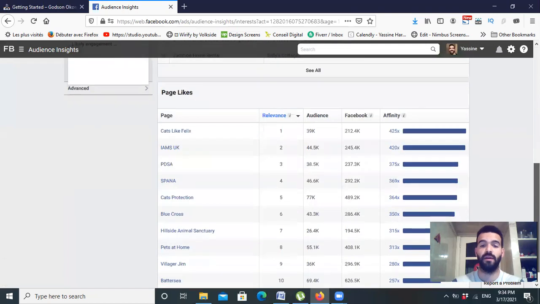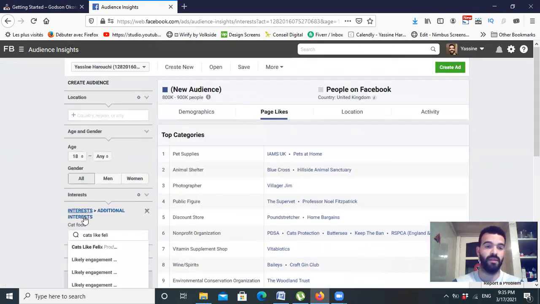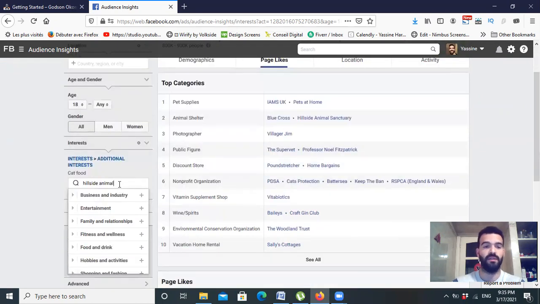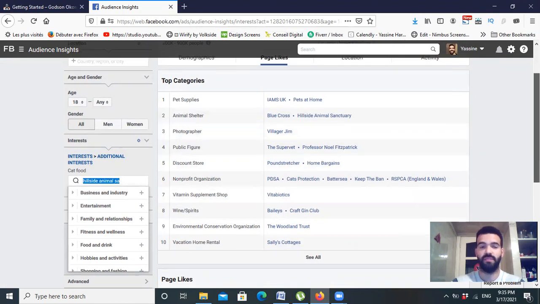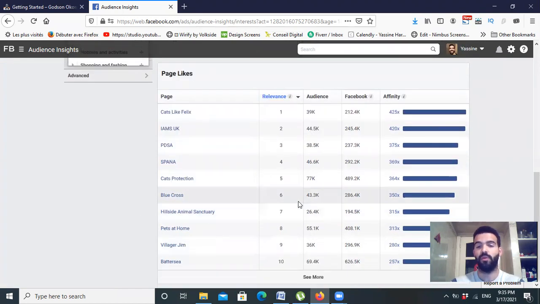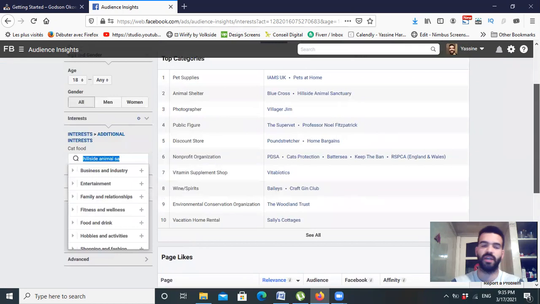That's great, let's pick up this one. Spana, Blue Cross, Hillside Animal Sanctuary. As you can see, this keyword is something that I picked up from here, Hillside Animal Sanctuary, and that's something that you don't find. That's what I was talking about.